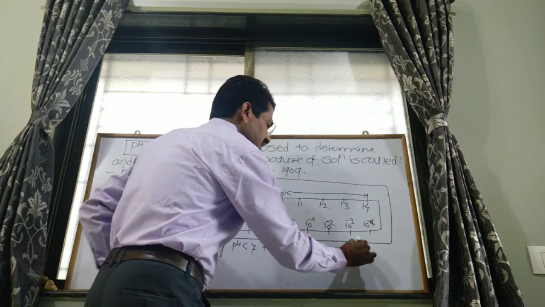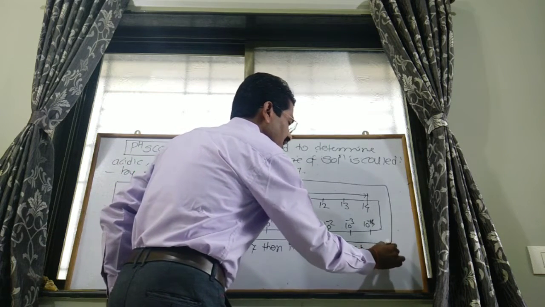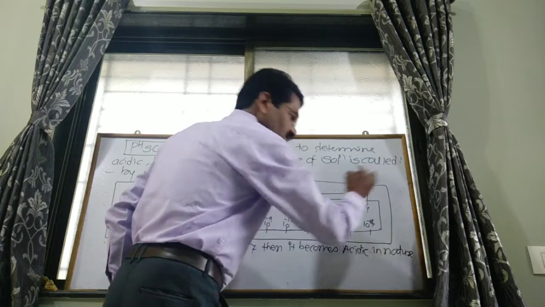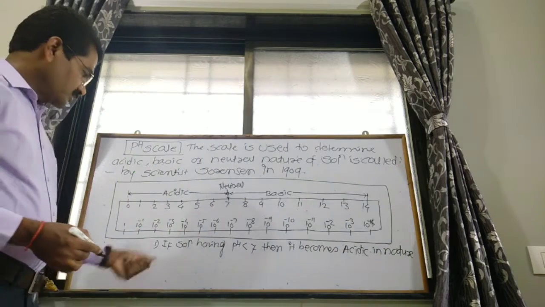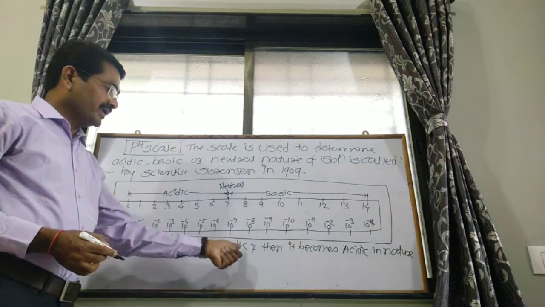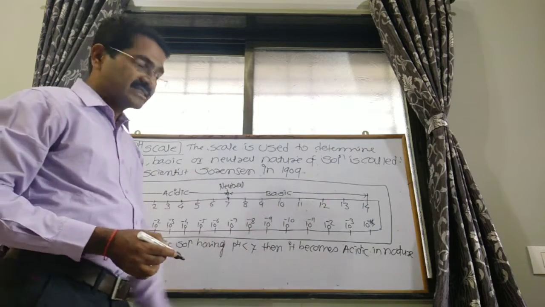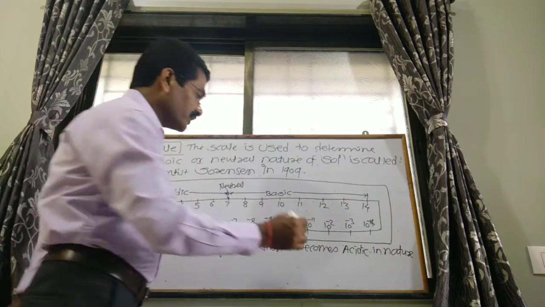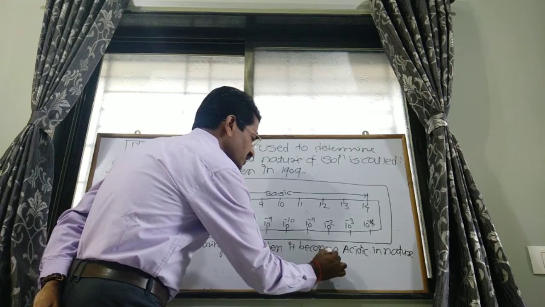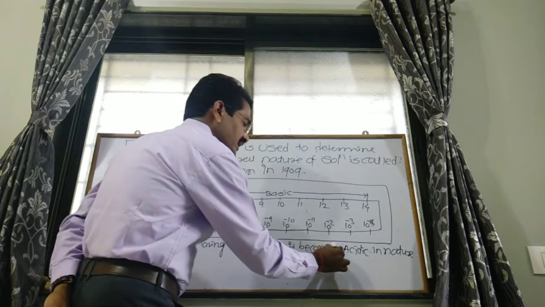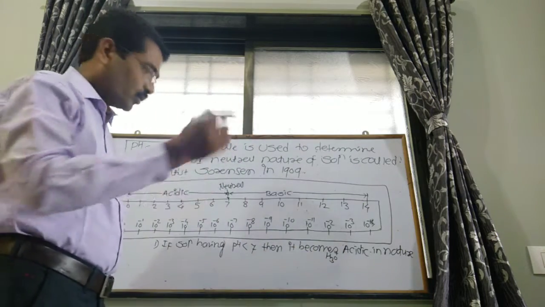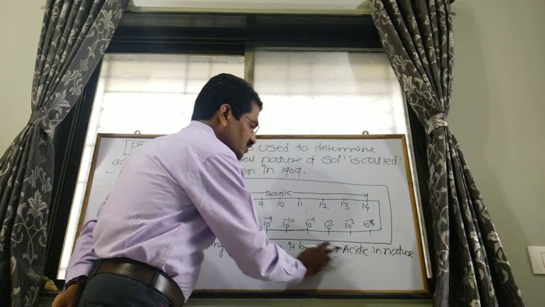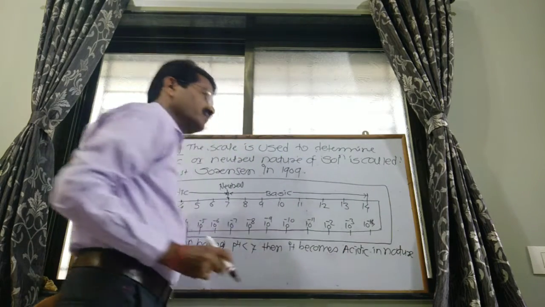In this solution, the hydronium ion concentration H3O plus is greater than OH minus. So that is the pH.